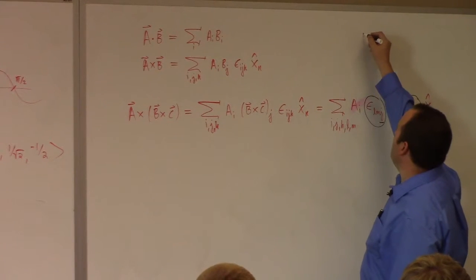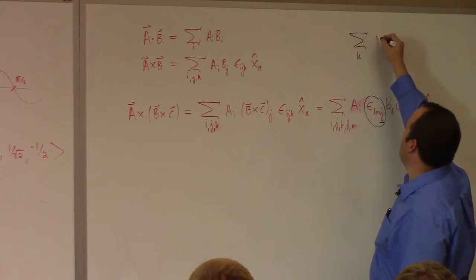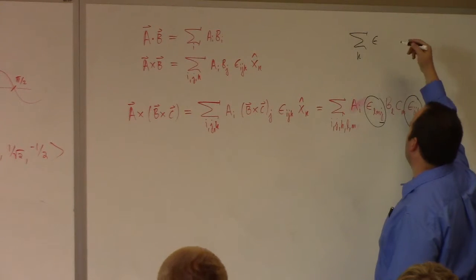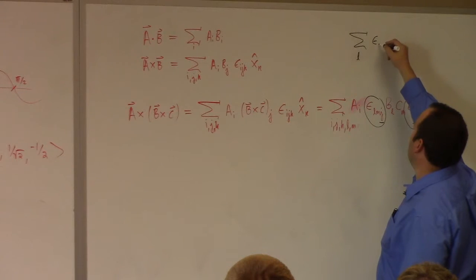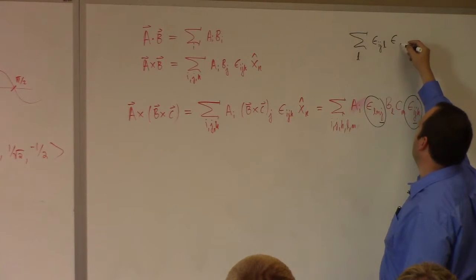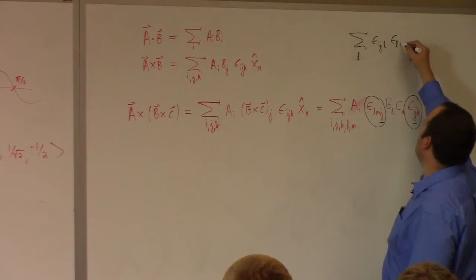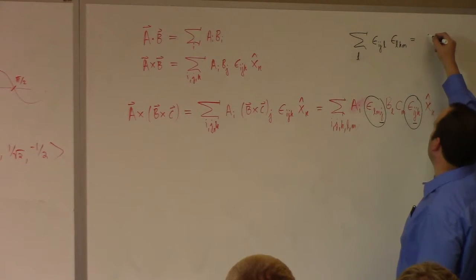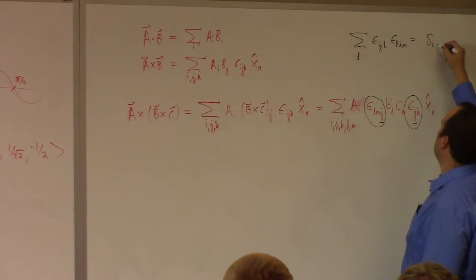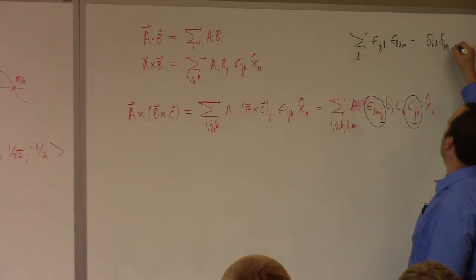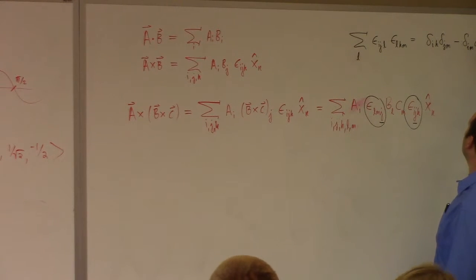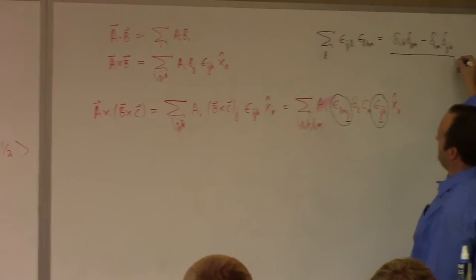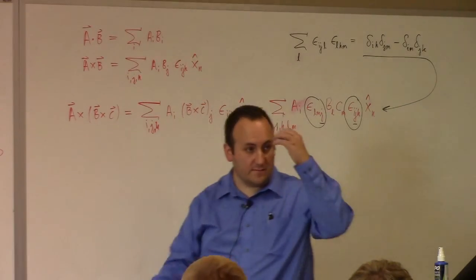But there's this identity that says the sum over L of epsilon_IJL epsilon_LKM is equal to the Kronecker delta_IK Kronecker delta_JM minus Kronecker delta_IM Kronecker delta_JK. And so if you use this down in here, you end up getting those two terms that they have there.